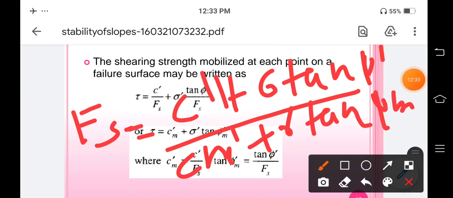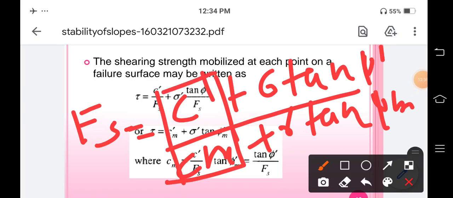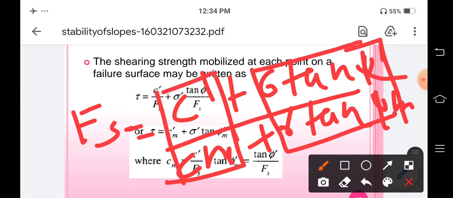Okay, if you write this term separately and this term separately, that is C dash upon Cm dash and sigma tan of phi dash upon sigma tan of phi m dash, suppose we cancel the sigma term, or tan of phi dash upon tan of phi m dash.